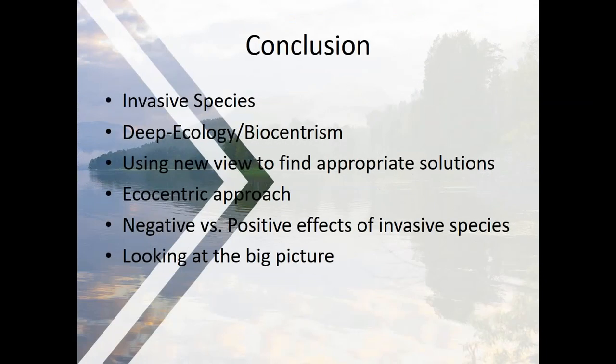If the ideas of deep ecology and biocentrism are in a sense combined, yet slightly altered, we get ecocentrism. While biocentrism focuses on the good of the individual, ecocentrism focuses on the good of the community as a whole, which in turn would allow for the removal of these invasive species for the betterment of the ecosystem.